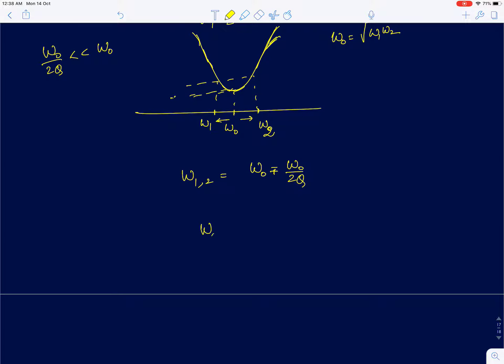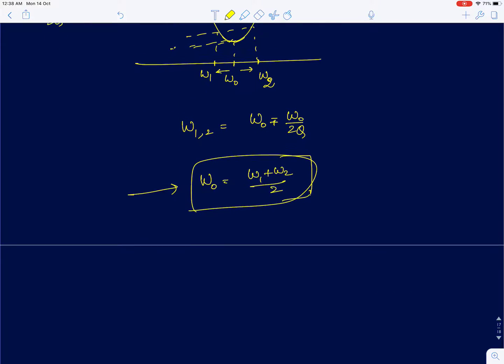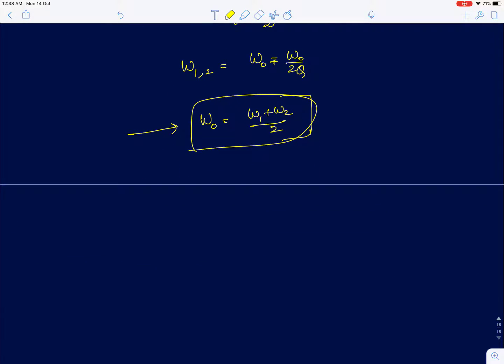So in that case, your omega naught is omega 1 plus omega 2 by 2, like the arithmetic mean of omega 1 and omega 2. So when your Q is very large, the frequencies omega 1 and omega 2 are equidistant from omega naught.